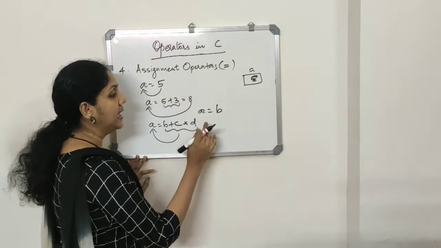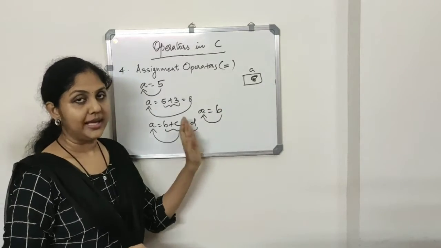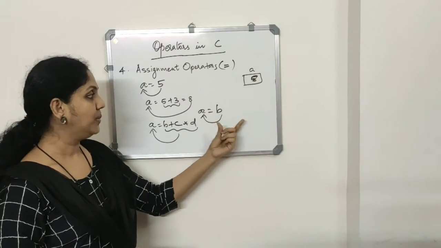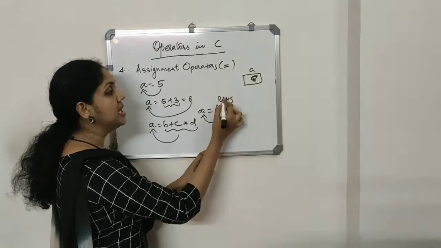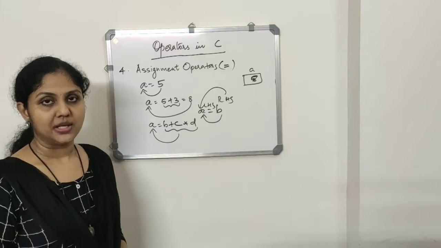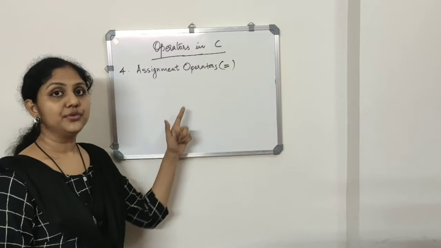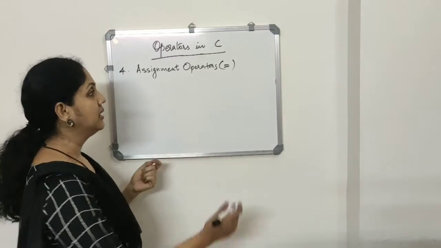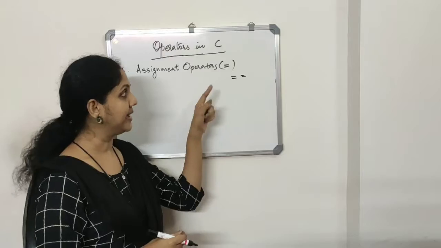So A equal to B means the value of B is stored in A. It's not the opposite; A is not stored in B. A equal to B means the value on the right hand side, the RHS, is stored in the variable on the left hand side, the LHS. Now you should not confuse the assignment operator with the relational operator equal to equal to. I'll tell you the difference.